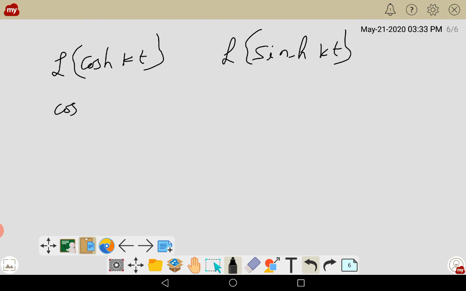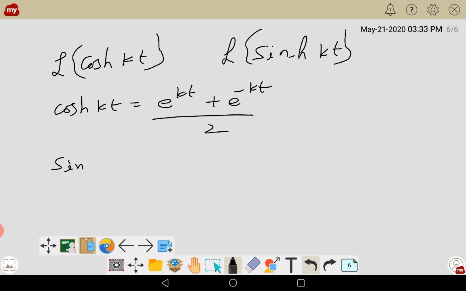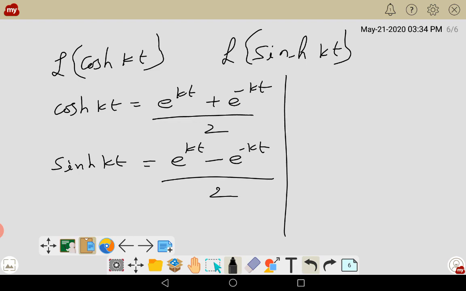We know the formulas: cosine hyperbolic kt is e raised to kt plus e raised to negative kt over 2. Similarly, sine hyperbolic kt is e raised to kt minus e raised to minus kt over 2.